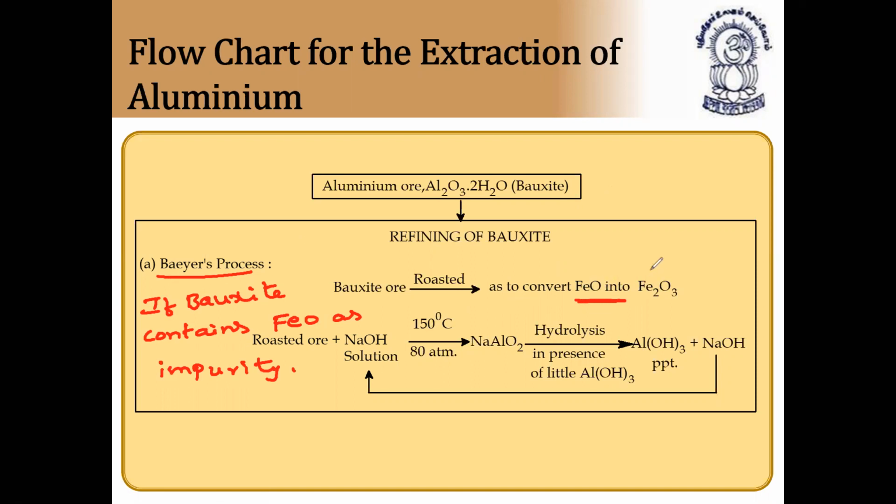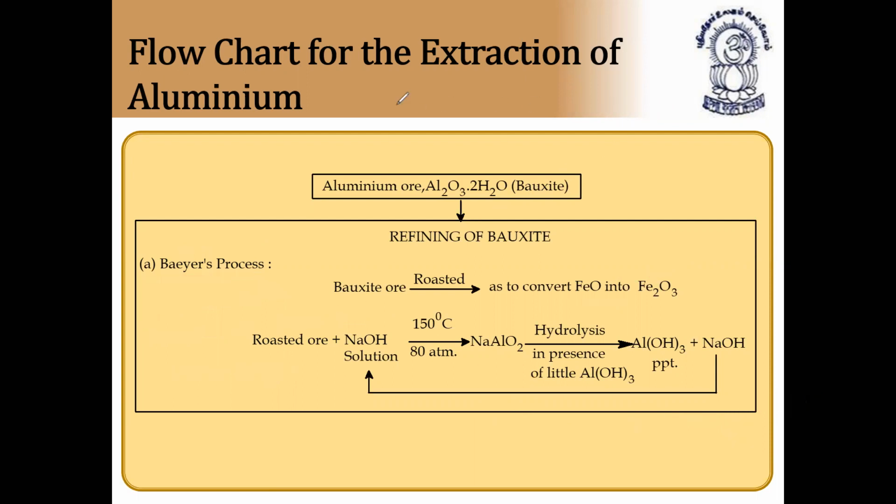That iron oxide is converted into ferric oxide, and finally aluminum hydroxide plus sodium hydroxide is formed. This aluminum hydroxide on heating strongly forms aluminum oxide along with water, so concentrated aluminum oxide is formed. So if bauxite contains iron oxide as impurity, we concentrate the aluminum by Bayer's process.